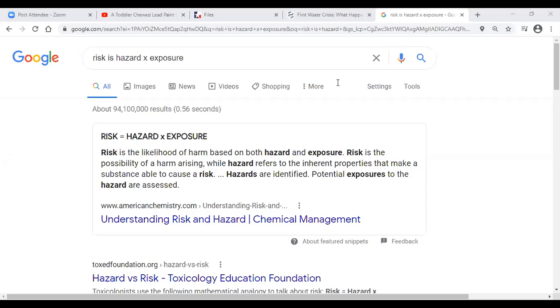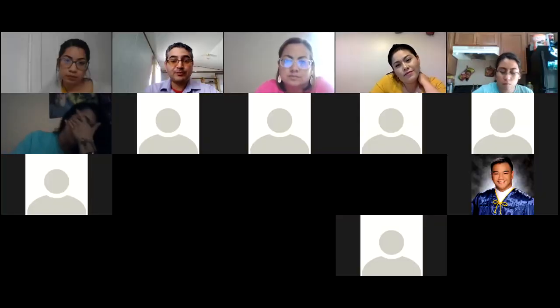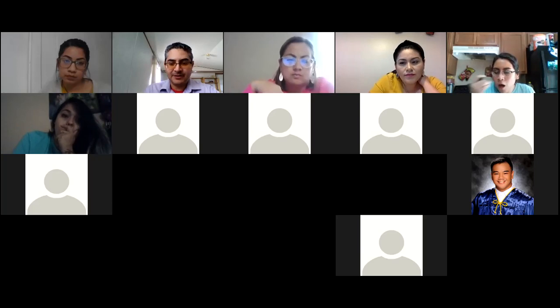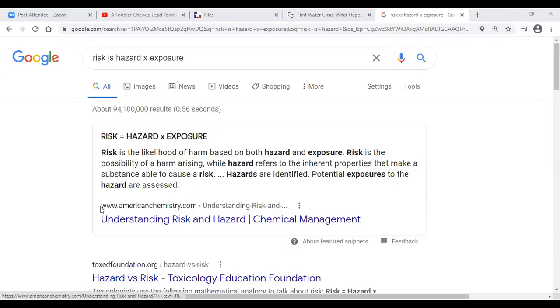Effect. So I have risk equals a function of exposure times effect. Why do you think it's different than this definition? Why am I not using hazard?